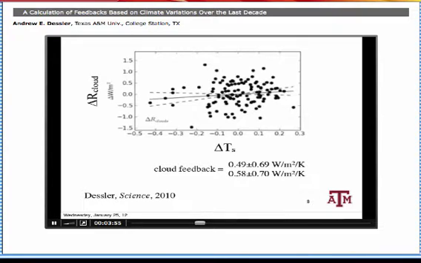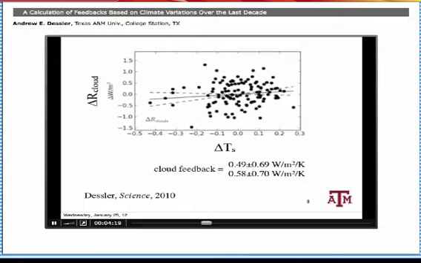It could be zero, and zero is a legitimate answer. Don't think of zero as being a null result. If there's no correlation in the data, then the slope is zero, and that's an answer. Or it could be reasonably large. I've compared this with models, and the models kind of bracket the results of the data.